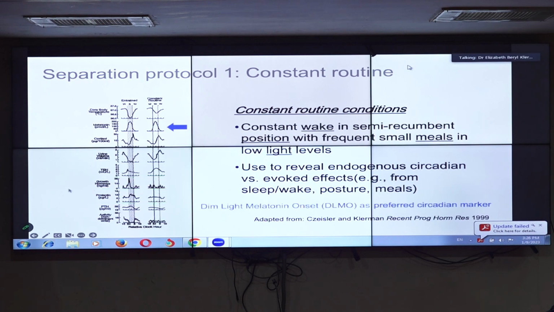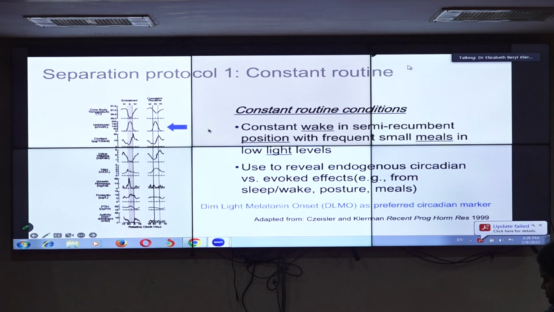So the big question is, is there anything that doesn't seem to be affected by sleep and wake if you're under dim light conditions and in the same posture? And that's melatonin. Now, melatonin is affected by light levels, and so that's why we do the dim light melatonin onset. It's also slightly affected by posture, so when samples are collected for the dim light melatonin onset, participants are instructed to be in the same posture for a while before.